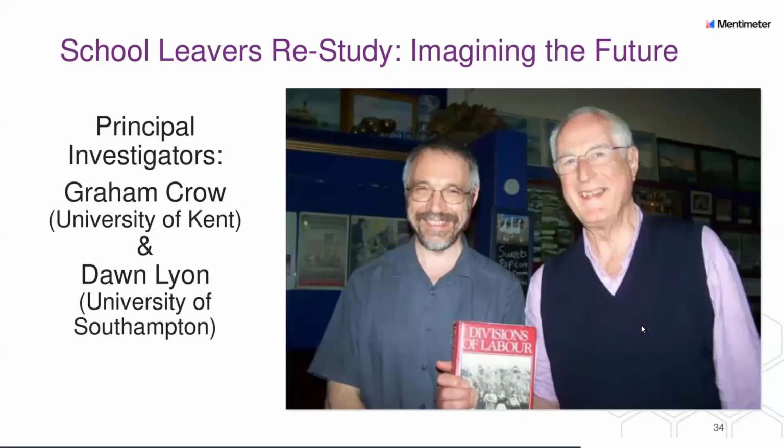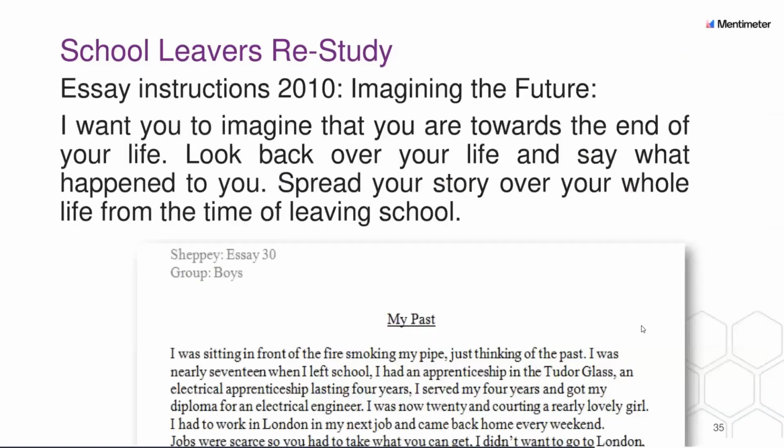On the next slide, we've got the prompt that was supplied to students during the 2010 data collection. It was nearly the same as the original. There were a few shortcomings that Graham Crow has specifically addressed in some of the publications, which is that Ray Paul happened upon the essay that had already been set, so there was less control over how it was pitched to students.